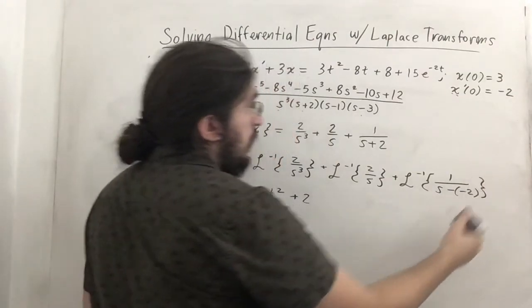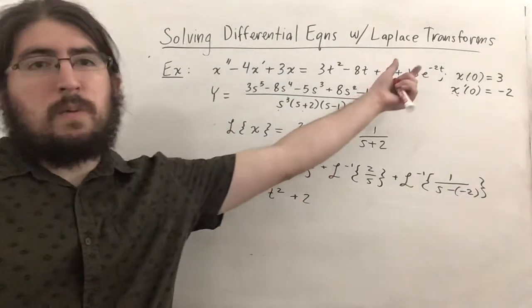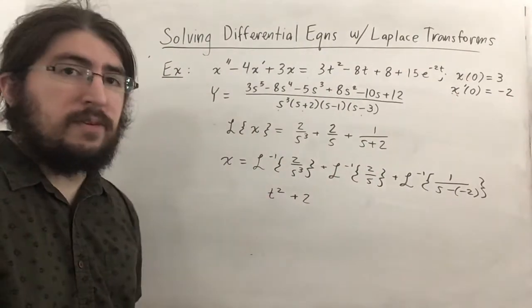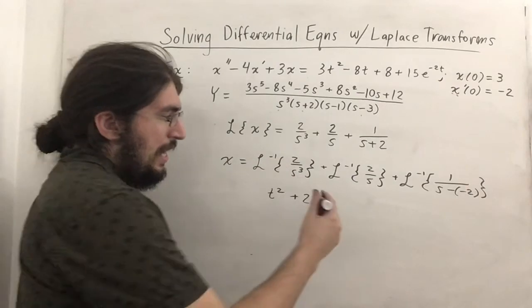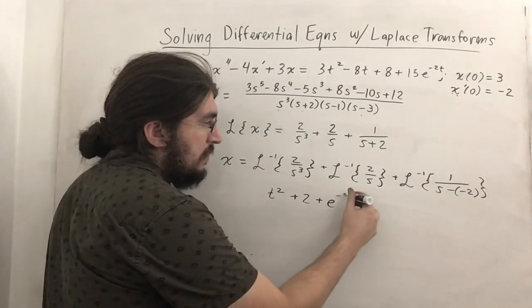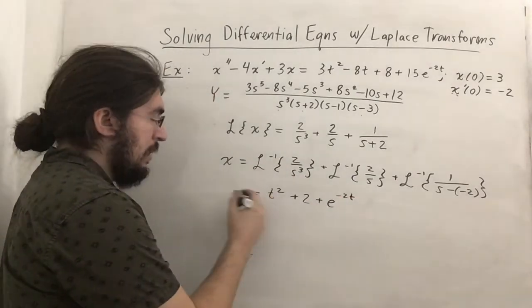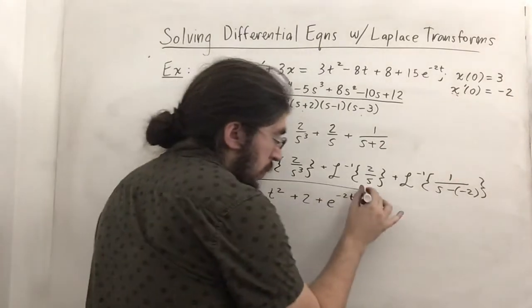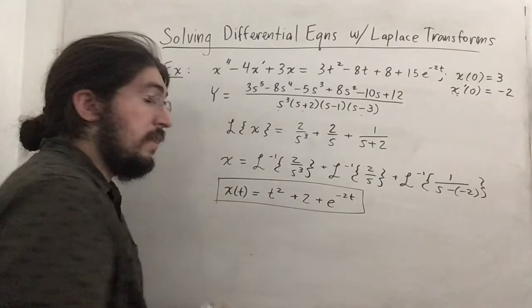But yeah, we know that is, in fact, that's kind of what we did here to get 1 over s plus 2 when we took Laplace of this at the very beginning of things, if you remember that. And we get plus e to the negative 2t. Fantastic. So this is x as a function of t. That is our general solution to this initial value problem.